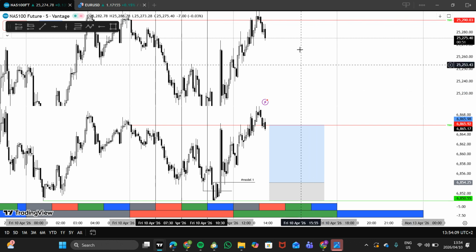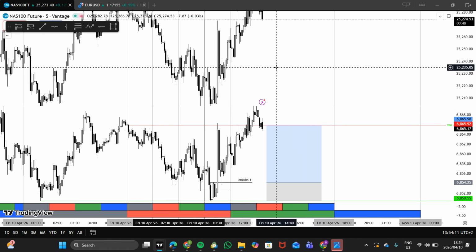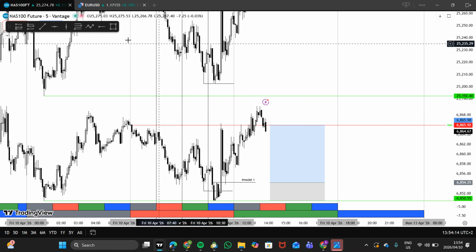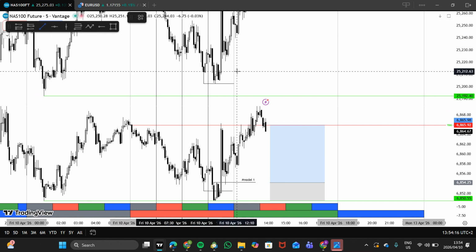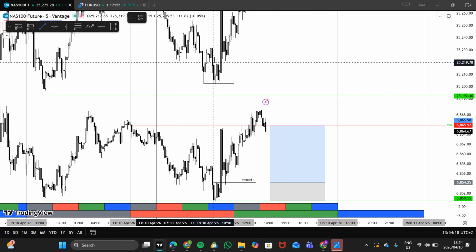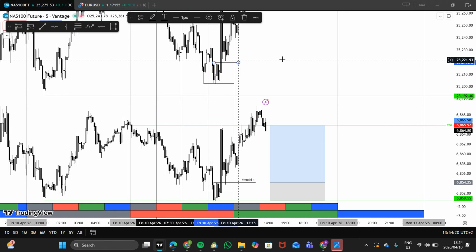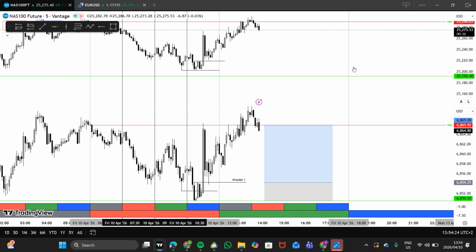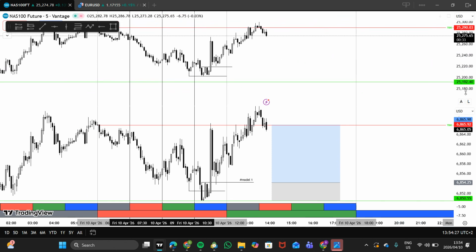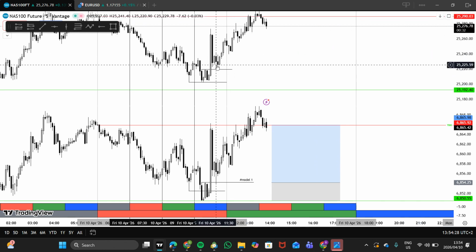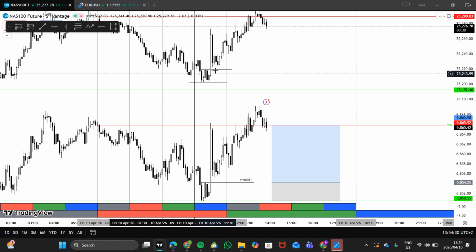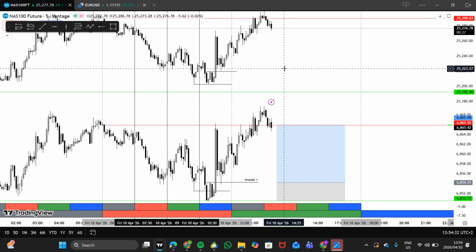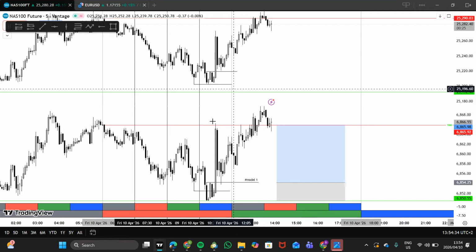What I want to share with you now is that on Nasdaq we had a model 1 over here, but can you see what happened? We failed to tap this OB, this model 1 OB over there. This was a cracking correlation.